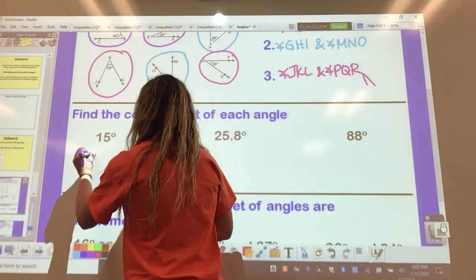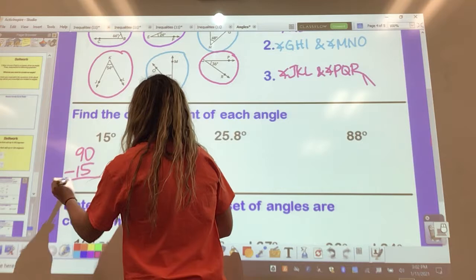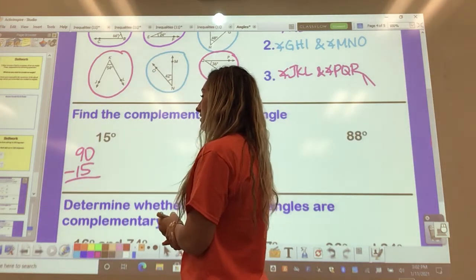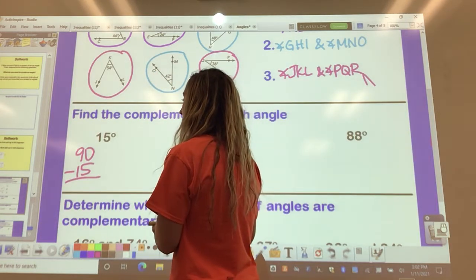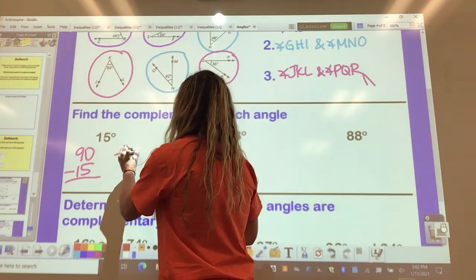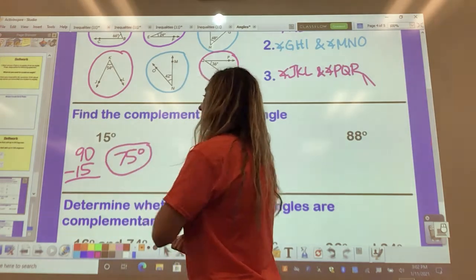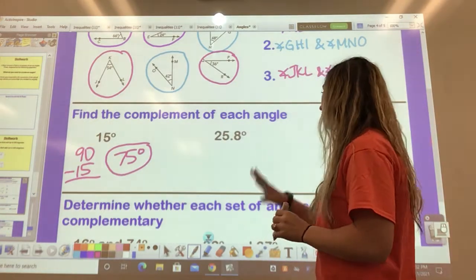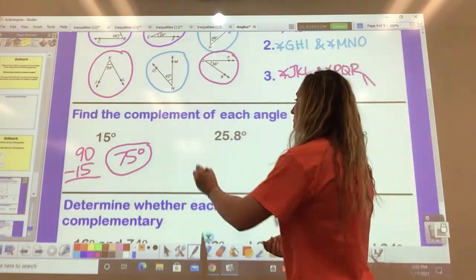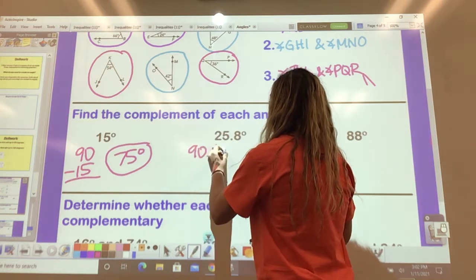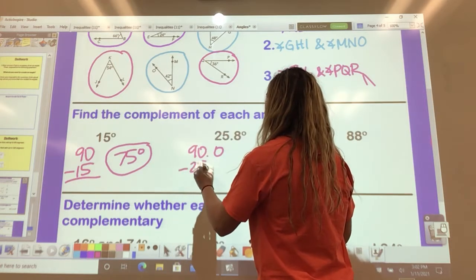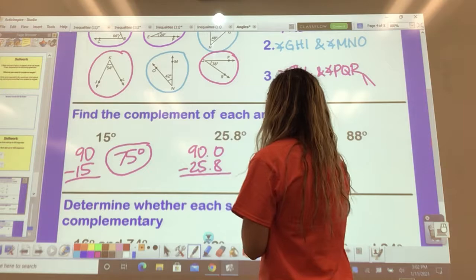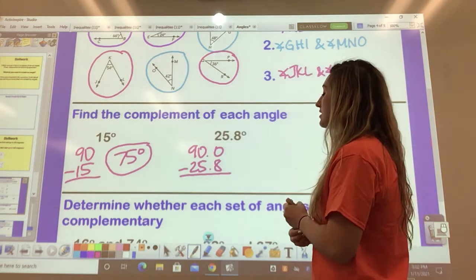So to find the complement of 15, just subtract 15 from 90, and that would be 75 degrees. And you can always use your calculator, but some of these are fairly simple. Maybe not this one so much. 90 minus 25.8 would get you your answer here.